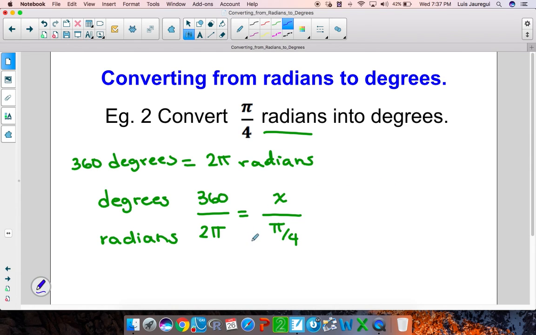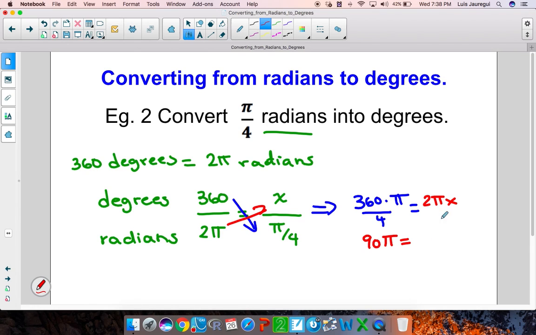Now, since I have a proportion, I can just cross multiply. So I have here 360 times pi over 4, and that is equal to 2 pi times x. Now, 360 divided by 4 is 90, so 90 times pi is equal to 2 pi times x.